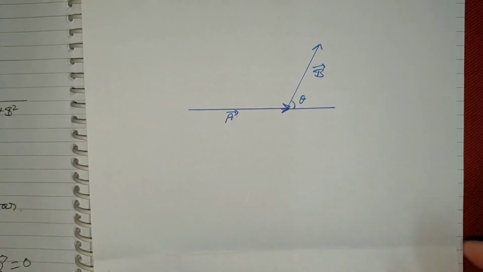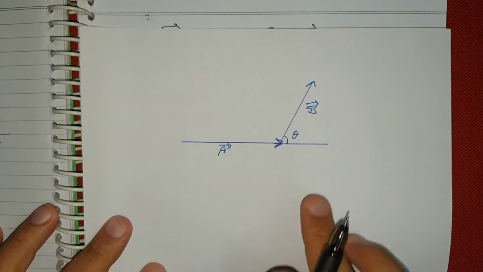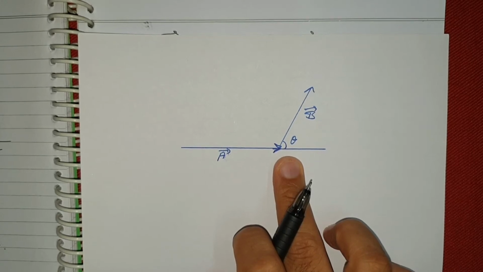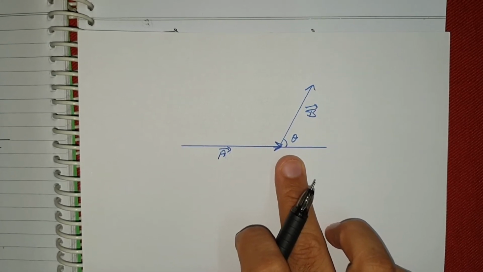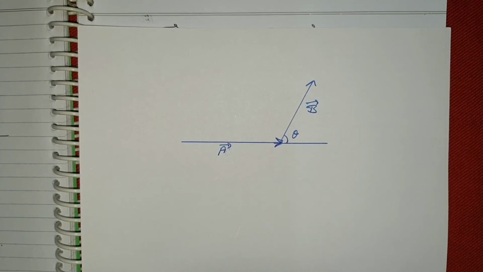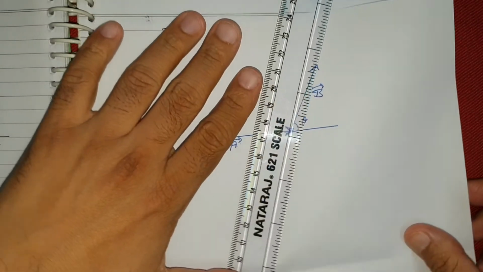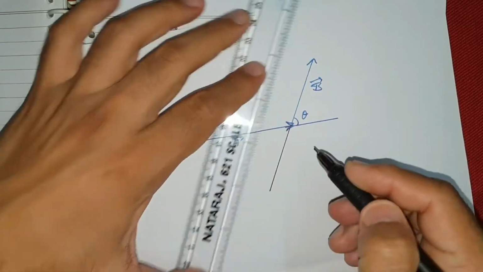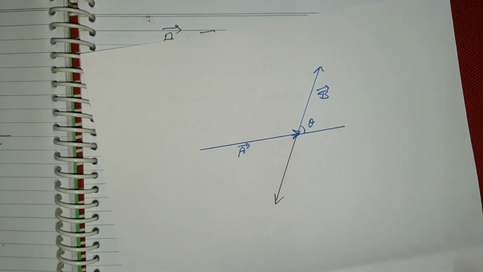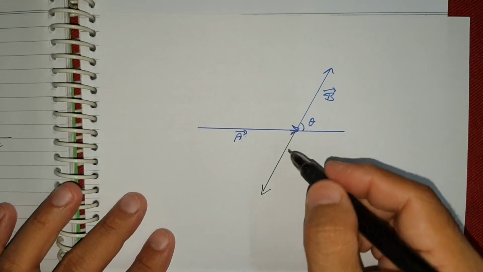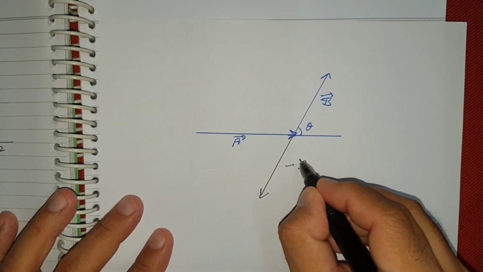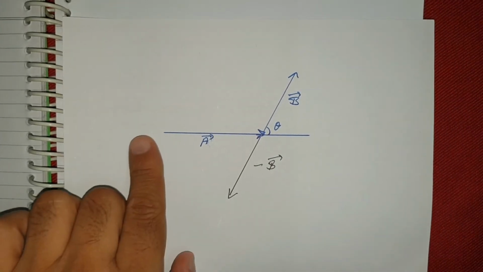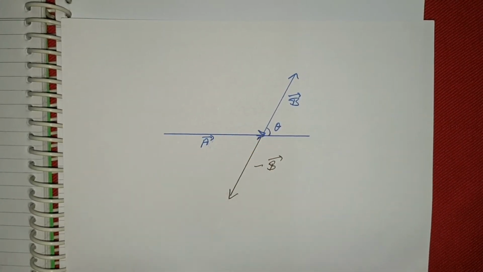Consider this. Now this is vector A, this is vector B. They are having angle theta between them. Now we have to minus this vector. So what we do is that we take minus B vector, and that will be in the opposite direction. So this will represent minus B vector.